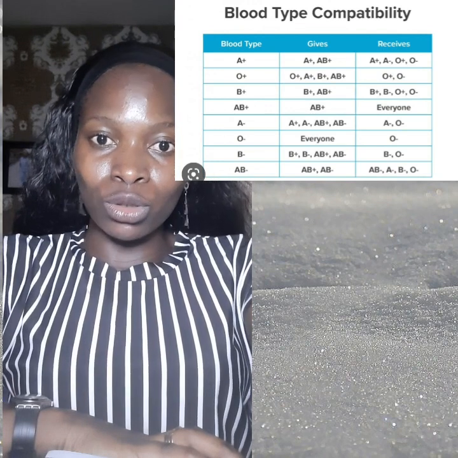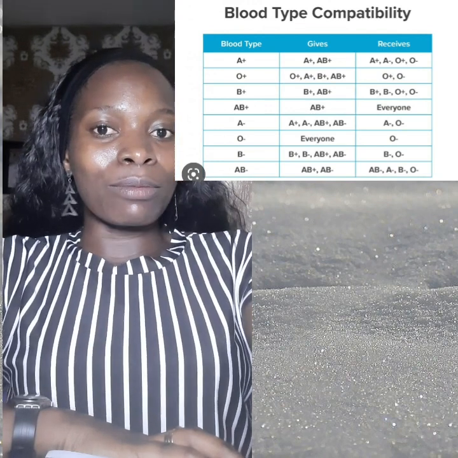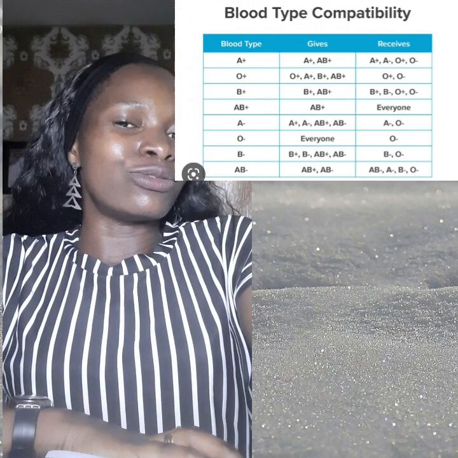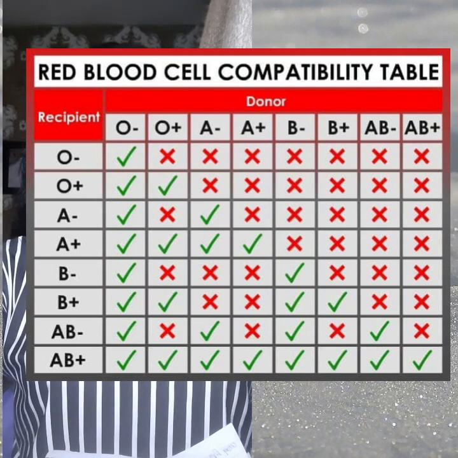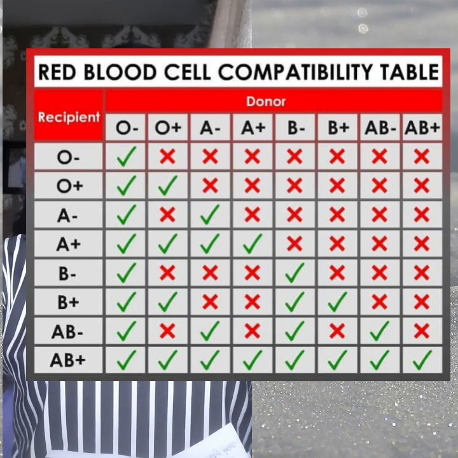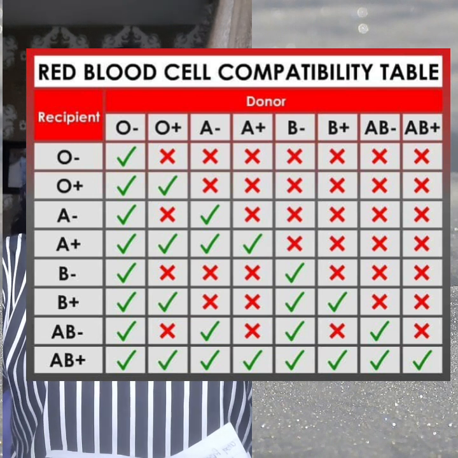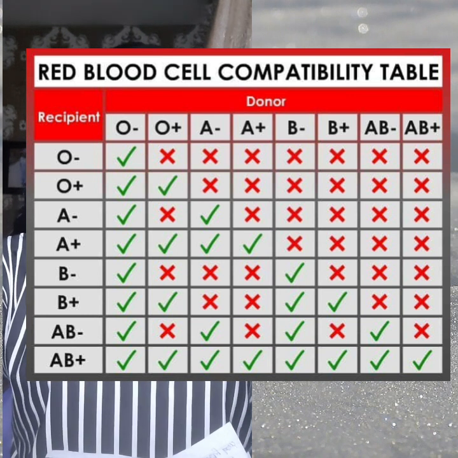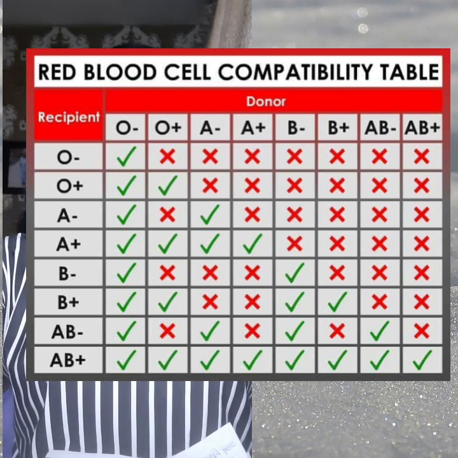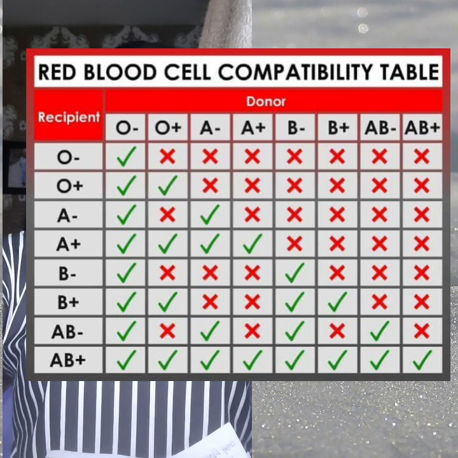Okay, and this also has to do with matching of blood together. During blood transfusion, you have to consider the blood type and also the rhesus factor. Do you get it? So now, if we have a patient with blood group A, who can you receive from as a recipient? A blood group A can receive from either A itself and O. So for example, if we have a patient with A positive, who can they receive from?